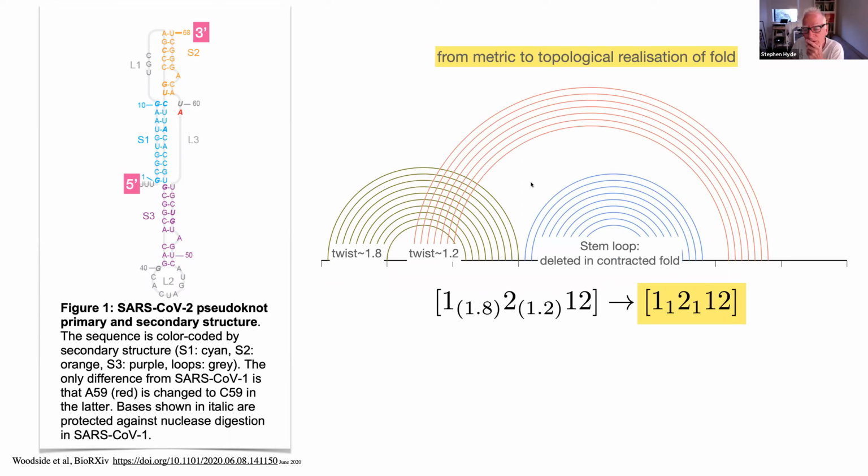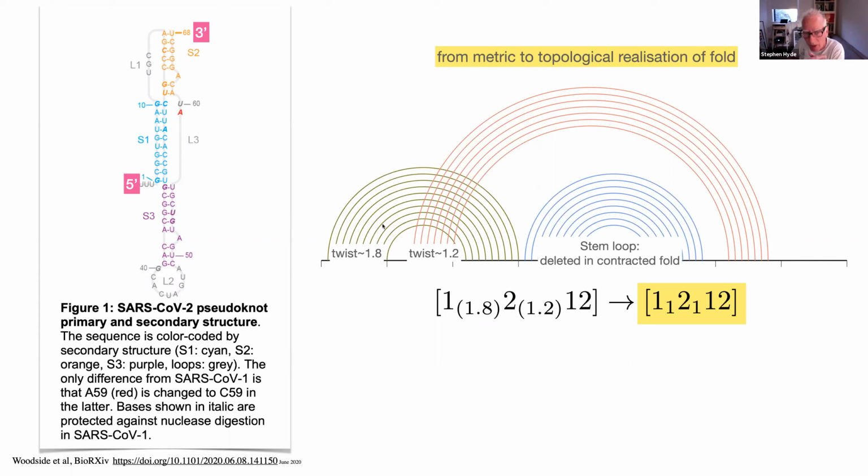If I look at that fold and calculate the number of nucleotides in each helix, I can work out roughly my twist from this divide-by-5 more or less rule, and then collapse it down to the lowest integer. So that's essentially, in my language, contracted to 1, 1, 2, 1, 1, 2. Here's one of these loops that I throw away because it's got nothing. It's a free annular loop, so get rid of it.